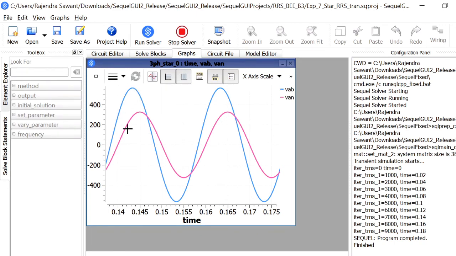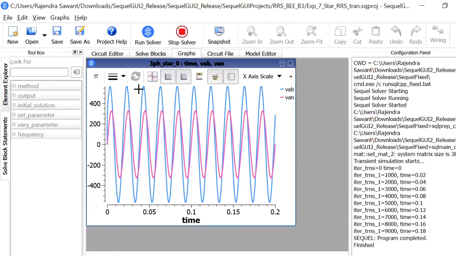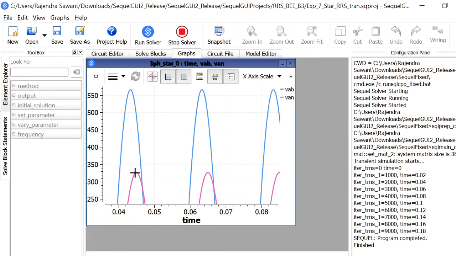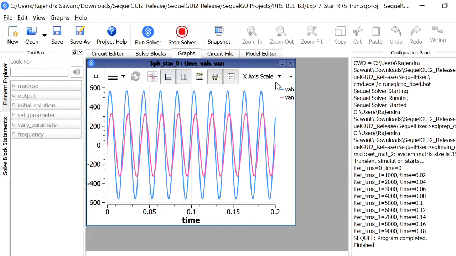VAB is leading the phase voltage by 30 degrees. Another thing is that the phase voltage amplitude is root 3 times lesser than the line voltage amplitude. This difference is clearly visible, and this is what we conclude from this.